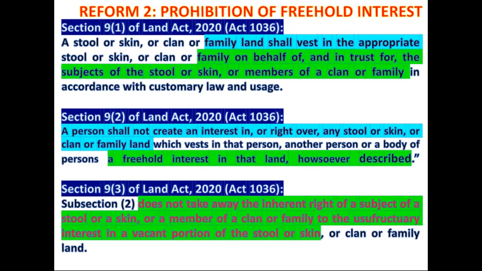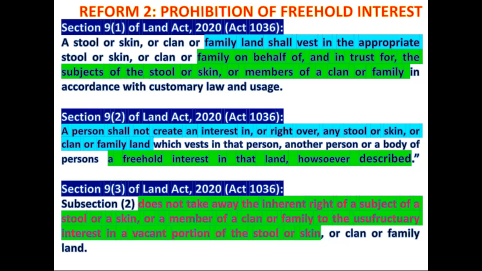So even though we are prohibiting the creation of freehold interest in family land under Section 9, Subsection 2, the lawmaker was very quick in adding that Subsection 2 does not take away the inherent right of a subject of a stool or skin or member of a family to the usufructuary interest in a vacant portion of the stool or skin or clan or family land.